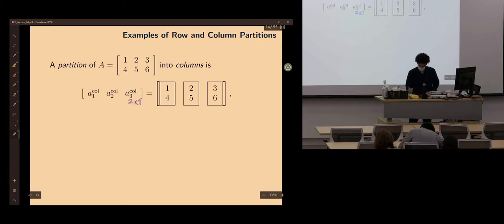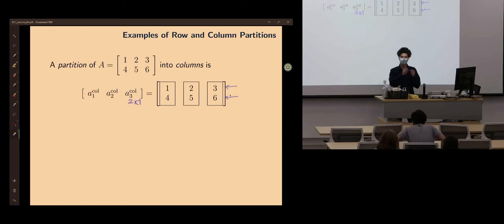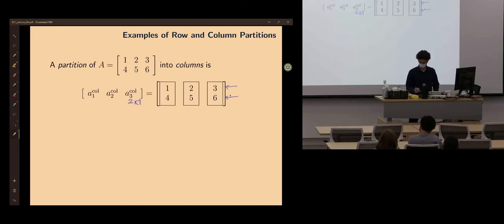2 by 1. 2 rows, 1 column. So again, because it's a column vector, we partition the matrix into columns. It has the same number of rows as the matrix itself. And because it's a vector by definition, it's 2 by 1.